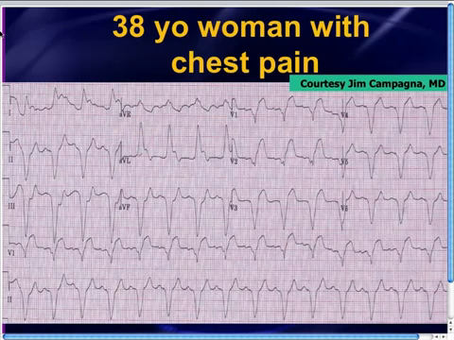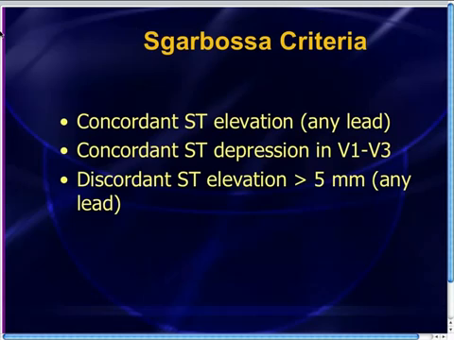All right, so 2 cases. One of them's a repeat from February 12th, but Dr. Anderson provided us with yet another case of a patient with an acute MI in the presence of a left bundle branch block pattern. So once again, Sarbossa's criteria originally applied to left bundle, now can be applied to pacemaker EKGs as well.